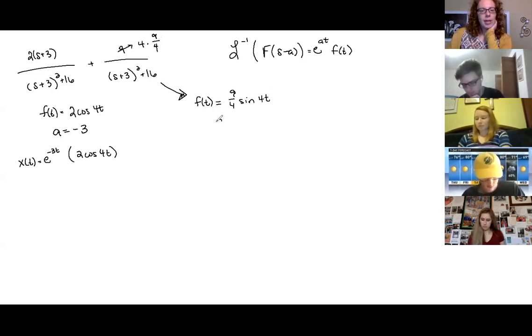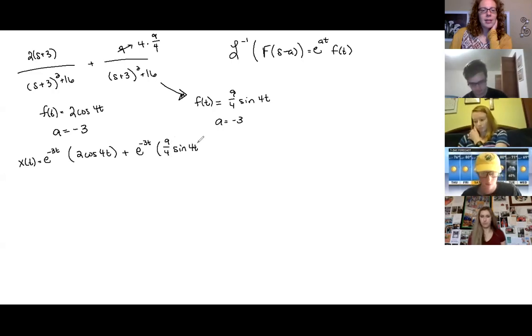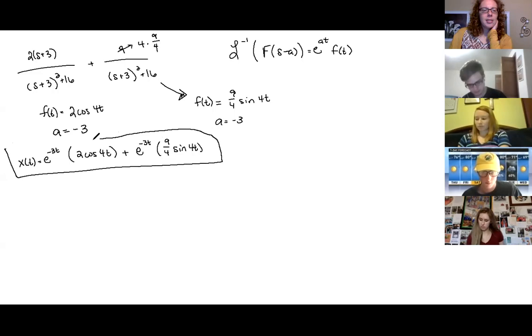So therefore, a is also equal to -3 in this case, and the inverse transform of this one is e to the -3t times 9/4 sine of 4t. You could pull the e to the -3t out of both pieces if you wanted to. You wouldn't have to, but you could.